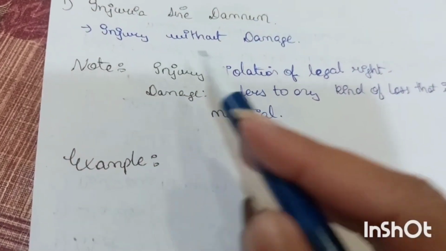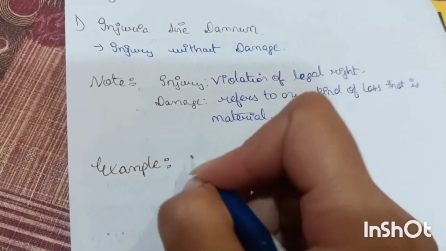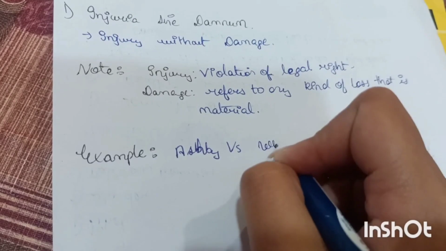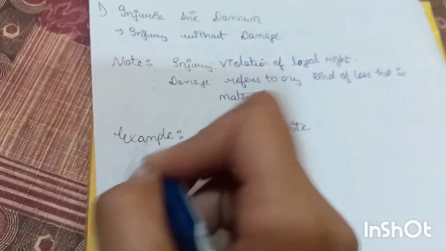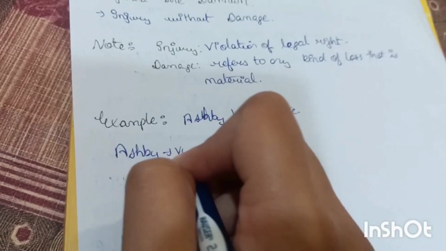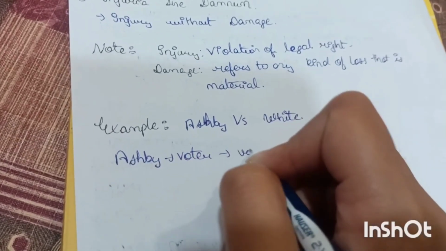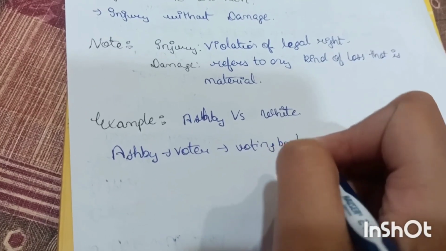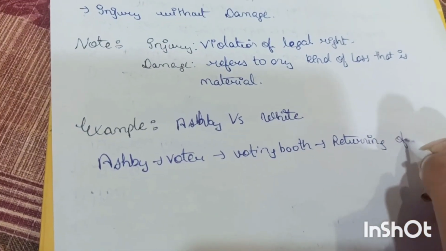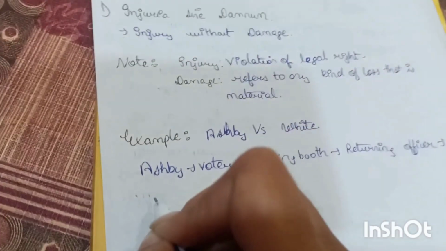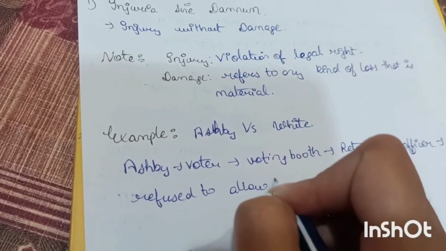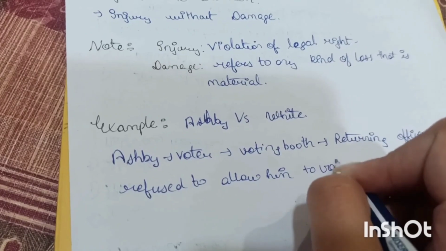So now let's understand this maxim through an example. Let's take the case of Ashby versus White. So in this case what happened is there is a valid voter who goes to the voting booth, but the returning officer refuses to allow him to vote.